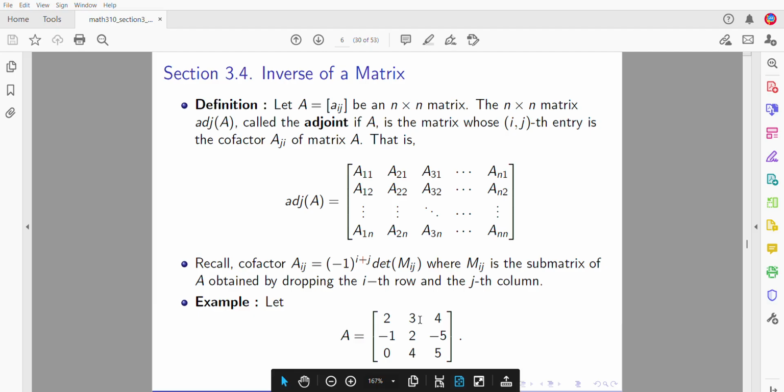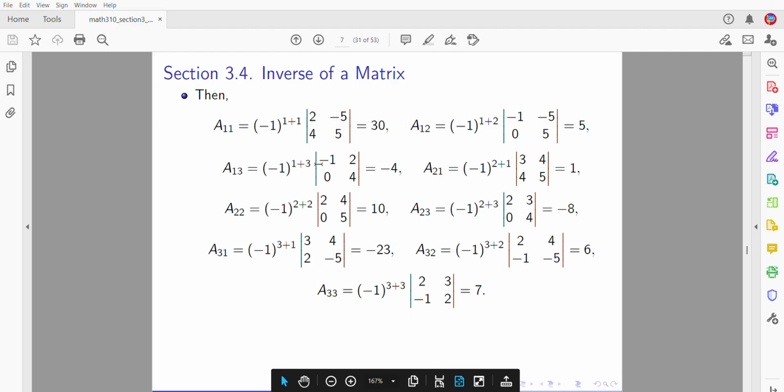Likewise, here, that's 1, 3. Drop row 1, drop column 3: negative 1, 2, 0, 4. That was 1, 3. Don't forget the sign part of it. Assuming my calculations are correct, this is my answer.